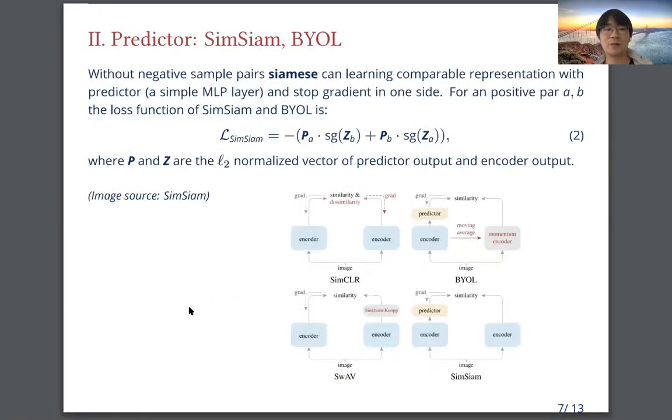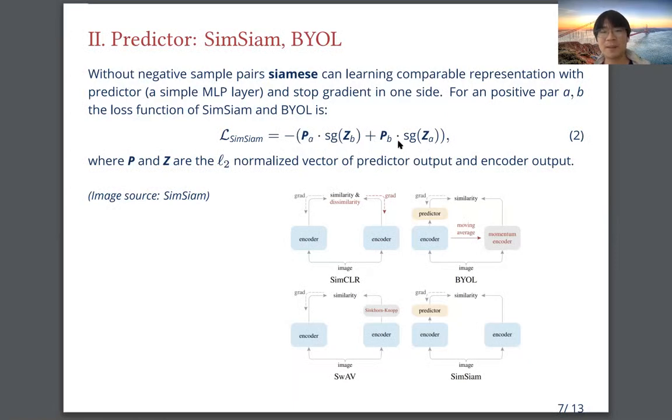So the second branch is Predictor. Two frameworks use a Predictor, SimSiam and BYOL. Here we can see the difference between SimCLR and SimSiam. In SimSiam, they use a Predictor, and the loss in SimSiam tries to maximize the cosine similarity between the positive pairs directly.